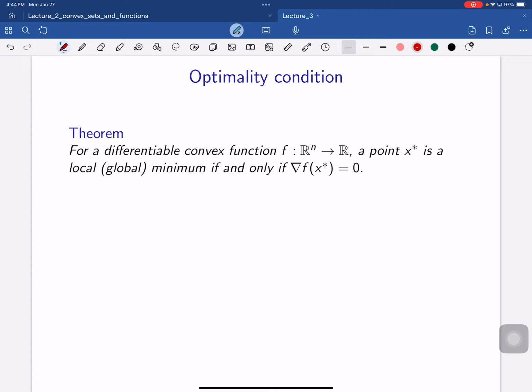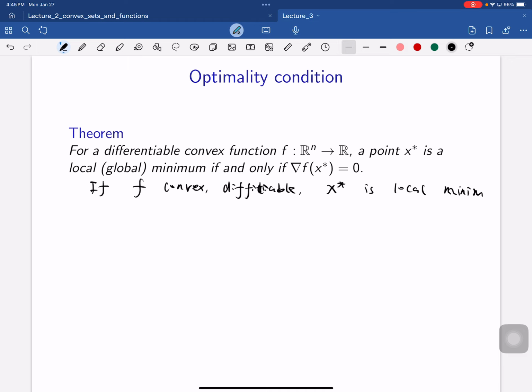So how do we show this is true? Maybe let's say for the one direction, right? So if we have f is convex and differentiable, then x star is a local minimum.